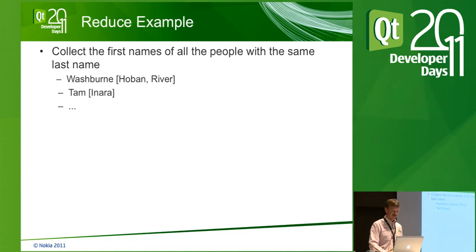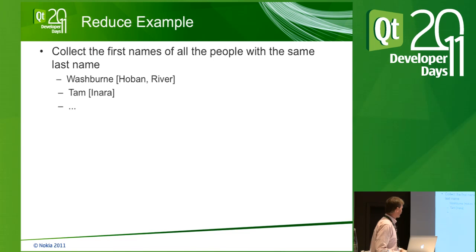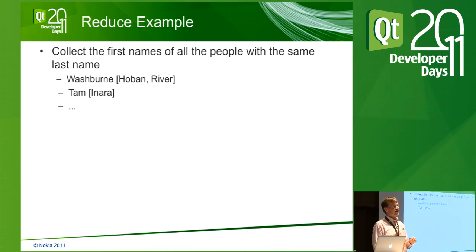Okay, so let me move on and talk about reduces. Map we can use to transform objects, and we can extract stuff, so we can get zero or more objects out of one object. In a reduce, we really want to reduce things. We want to collapse objects, collapse data into a single object, summarize, those kinds of things.